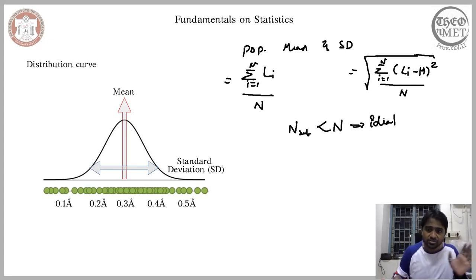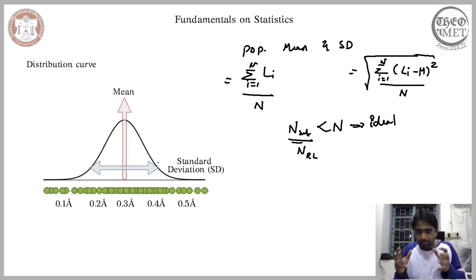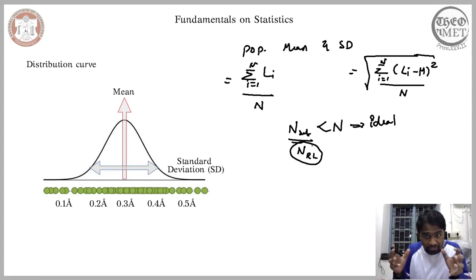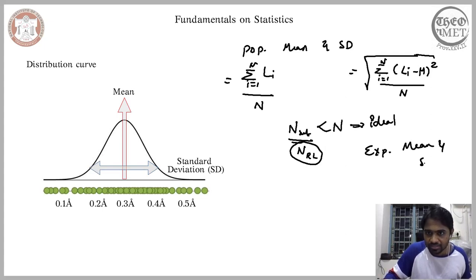in a real life situation, the n that we have, if I say n_RL, this n in the real life situation is often less than the n that is ideal. So whatever parameters that describe the curve that comes from the real life population need to have a different name associated with it, and that name is the expected mean and standard deviation.